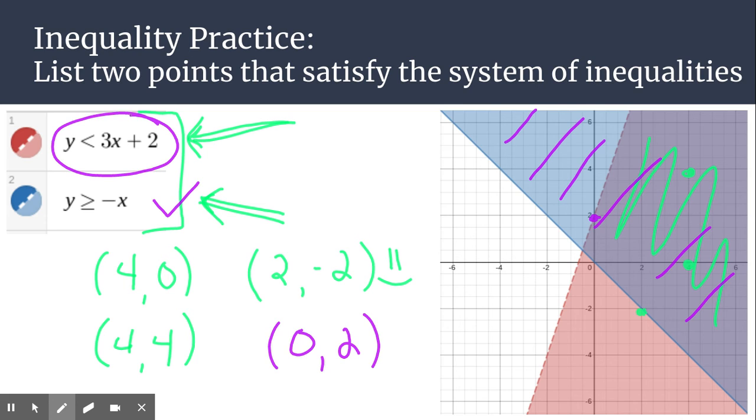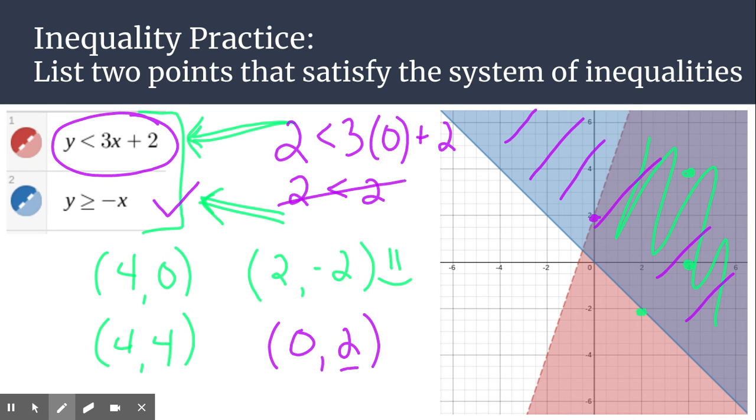I could test that algebraically. I could take 2 and put it in for y is less than 3 times 0 and put it in for x plus 2. If I simplify, I get 2 is less than 0 plus 2, or 2. 2 is not less than 2. Notice that's a point that's on the line, right? It's a dividing point. It's on the verge between what doesn't work for the red and what does work for the red.